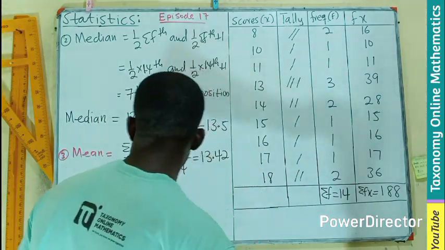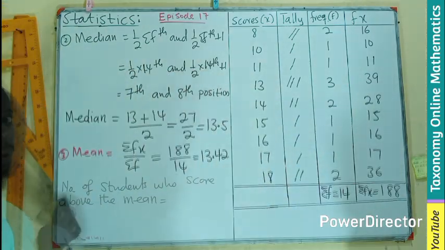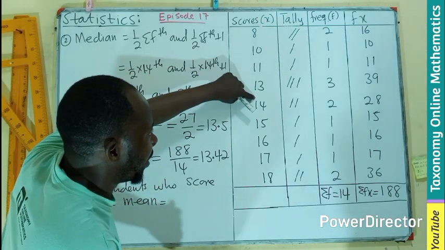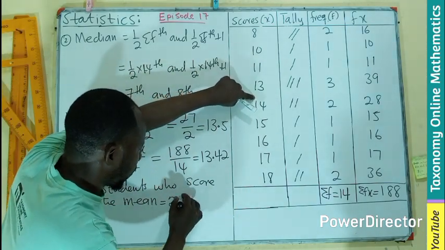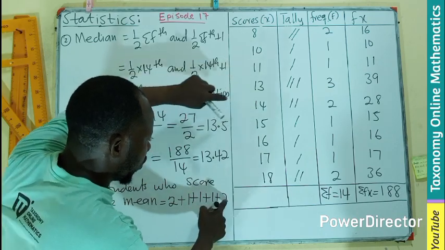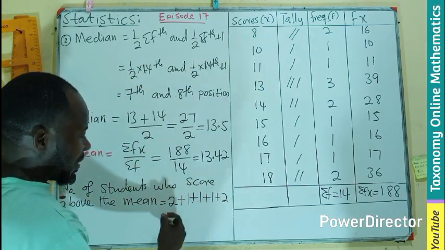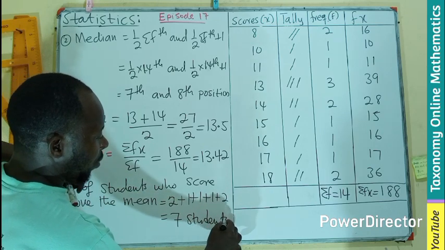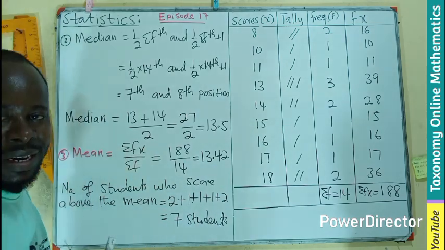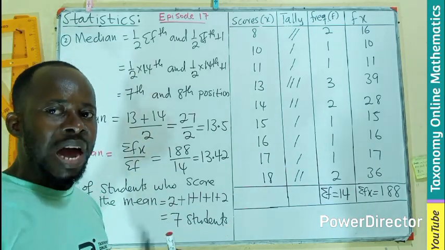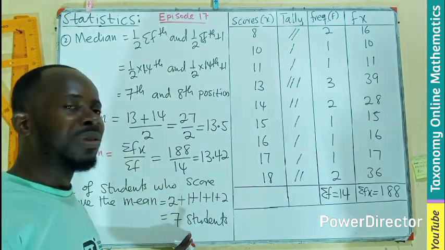So to find the number of students who score above the mean, there are 2, plus 1, plus 1, plus 1, plus 2. This is 3, right? So it's going to be 7. So 7 students. The mean is the average of the marks. Those who have above average are going to be 7.